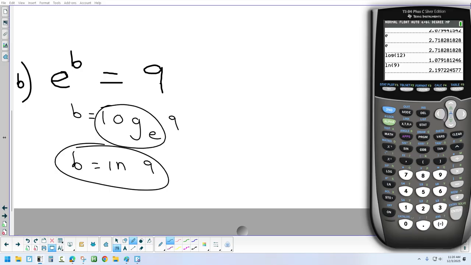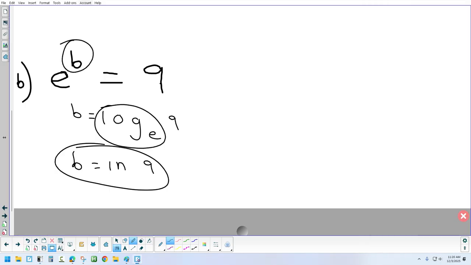Okay, they didn't ask for a decimal, so I'm not going to write that. But you could. So now, if you fill in 2.197 right here, and you take e to the 2.197 power, you'll get 9. We just solved for this exponent. That's what we did.